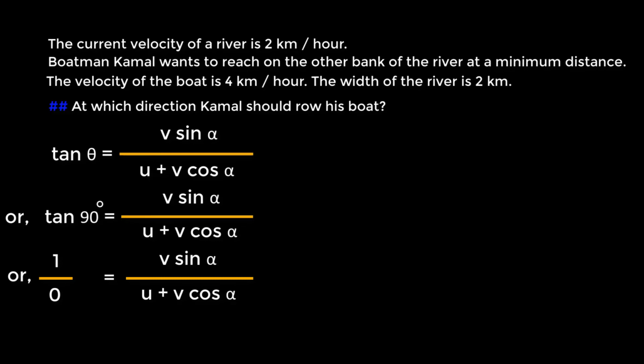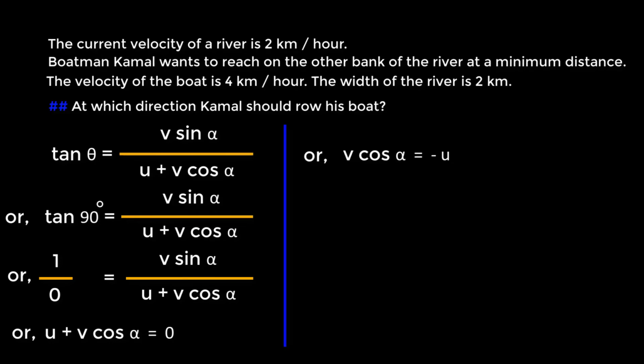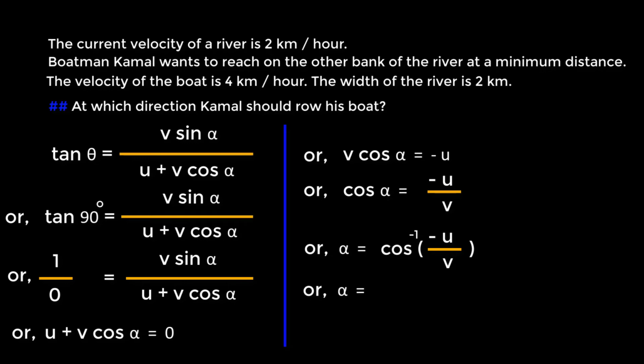So 1 over 0 equals v sin alpha over u plus v cos alpha, or u plus v cos alpha equals 0, or v cos alpha equals minus u, or cos alpha equals minus u over v, or alpha equals cos inverse of minus u over v, or alpha equals cos inverse of minus 2 over 4, as u equals 2 and v equals 4.